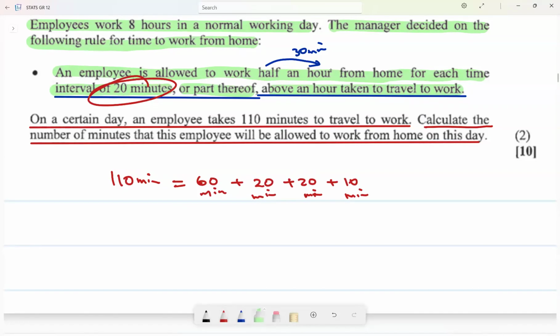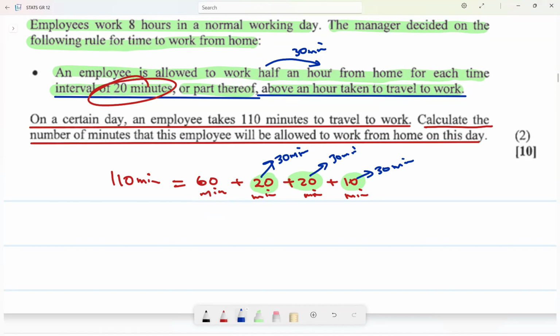So this particular person will get to work from home for each of these. For the first 20 minutes, he will be granted 30 minutes. For another 20 minutes after an hour, he will be granted another 30 minutes. Also here, this particular person will be granted 30 minutes. It does not necessarily need to be 20 minutes or more. They said for each interval of 20 minutes or part thereof, as long as it is above 60 minutes.